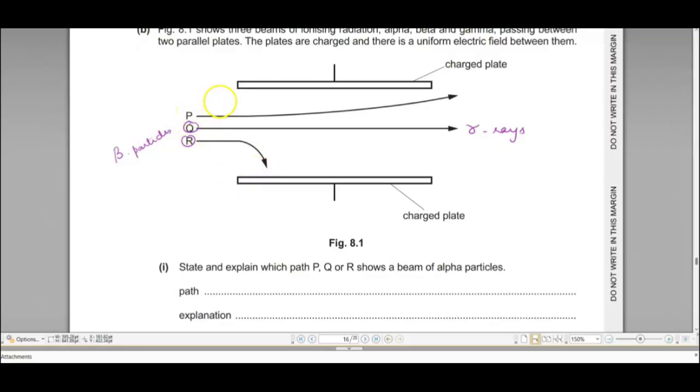And P is going to be our alpha particles, because they have a greater mass, so they deflect less than the beta particles.